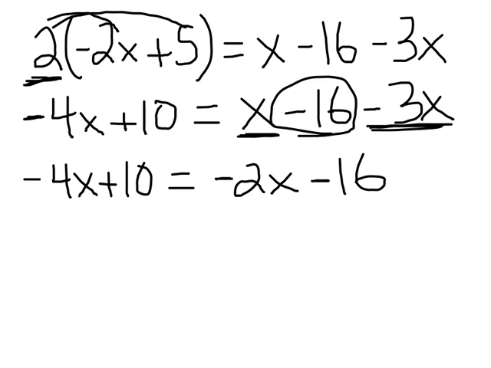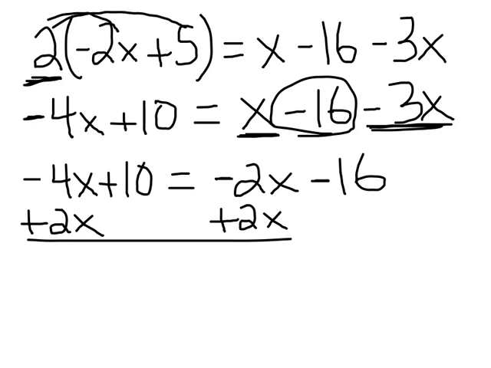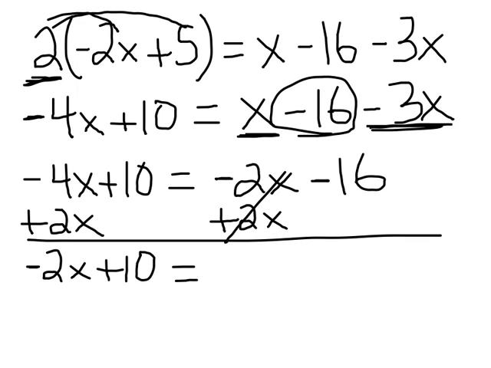Now I just have to combine like terms across my equal sign. I have a variable here and here. So to get across the equal sign, I'm going to use inverse operations. So I'm going to add 2x to both sides. 2x's cancel out. Bring your equal sign down. I'm left with negative 2x plus 10 equals negative 16.